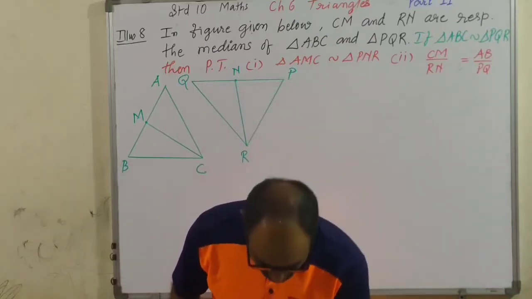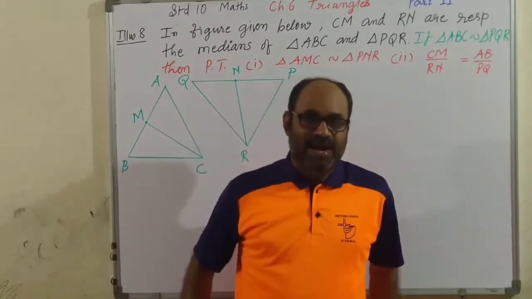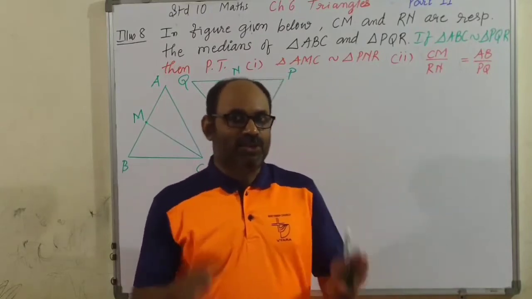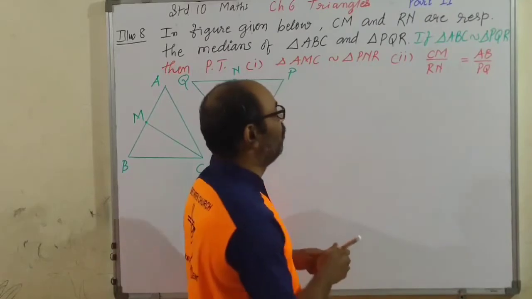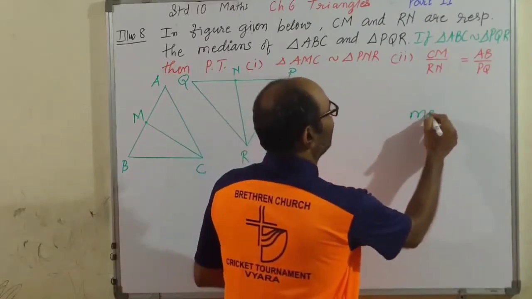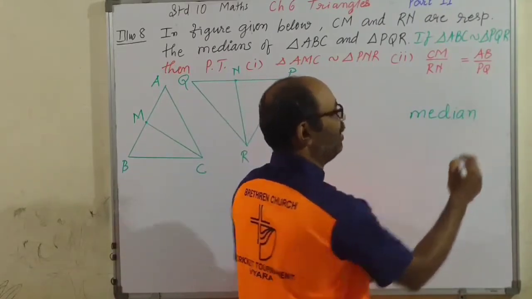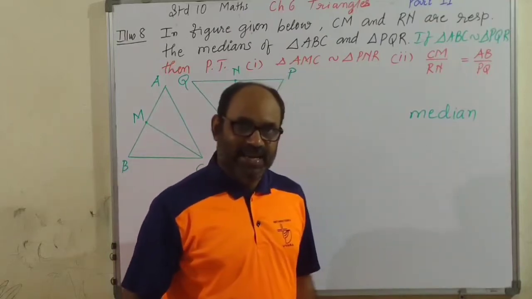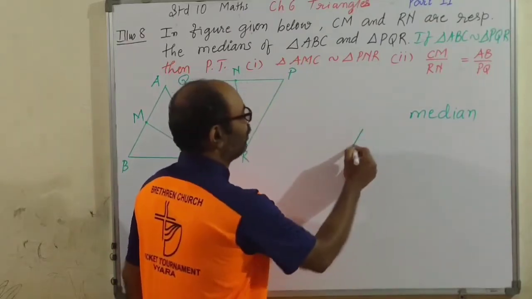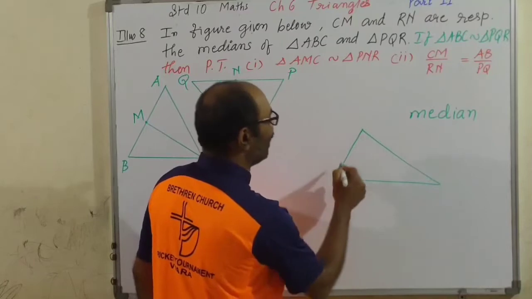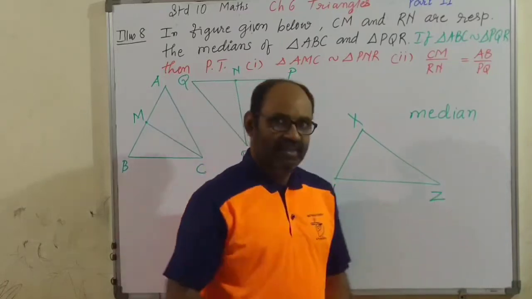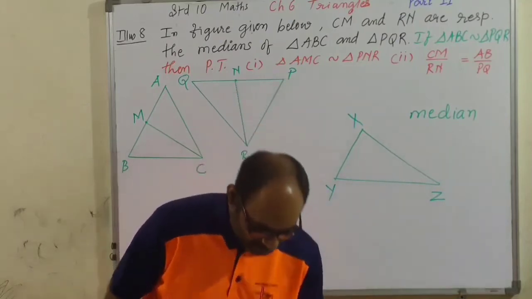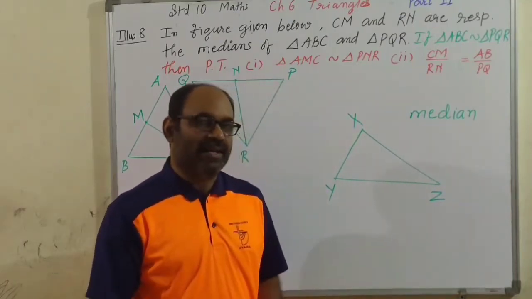Before we read the statement, I would like you to recall one term associated with triangle. That term is called median. Do you know what is median? Here is one triangle XYZ. Choose any vertex.